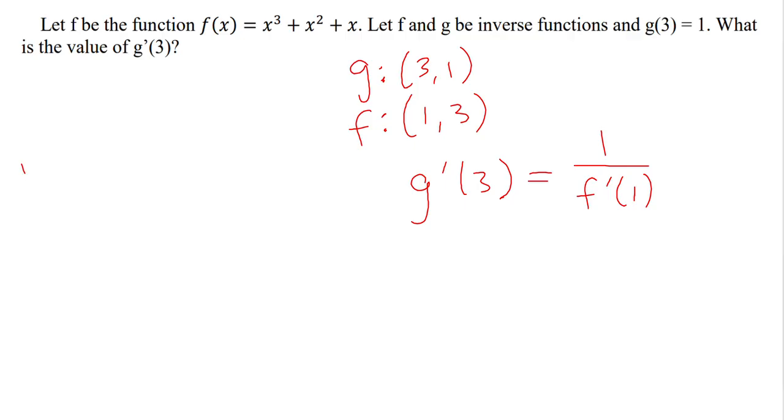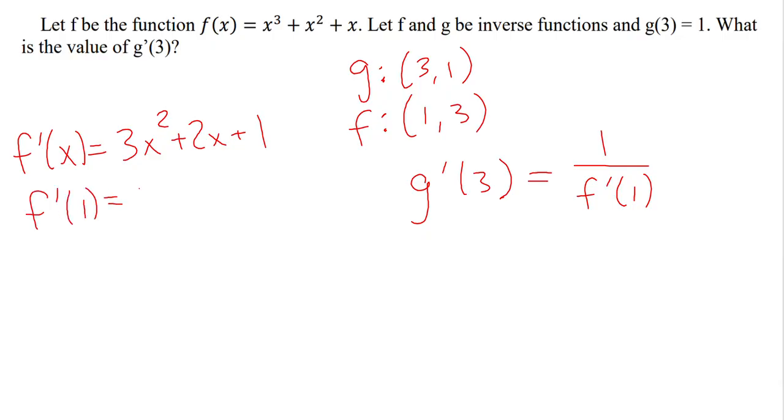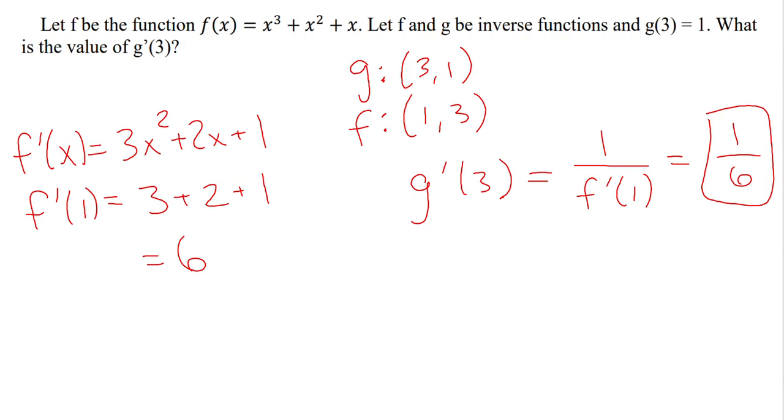So we just need to find f prime of x. Well, that's just power rule, 3x squared plus 2x plus 1. And then we'll evaluate it at 1, giving us 3 plus 2 plus 1, or 6. So we can take our f prime of 1, plug it in over here, and get an answer of 1/6.